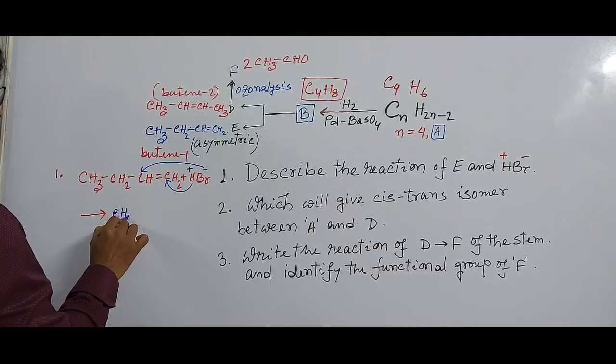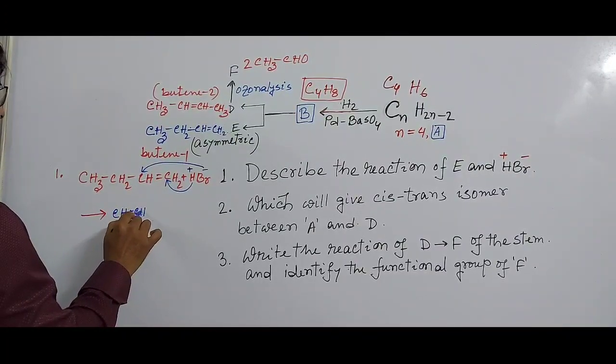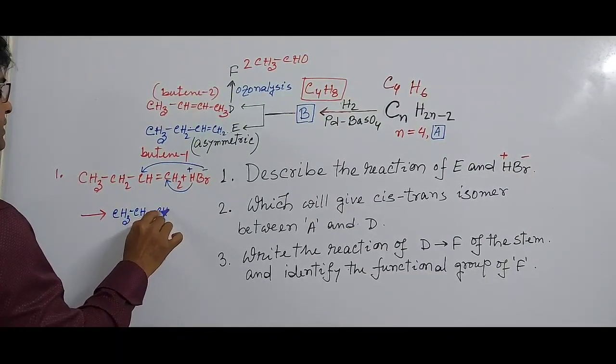So here the product will be CH3, CH2, CH bromine bond CH3.